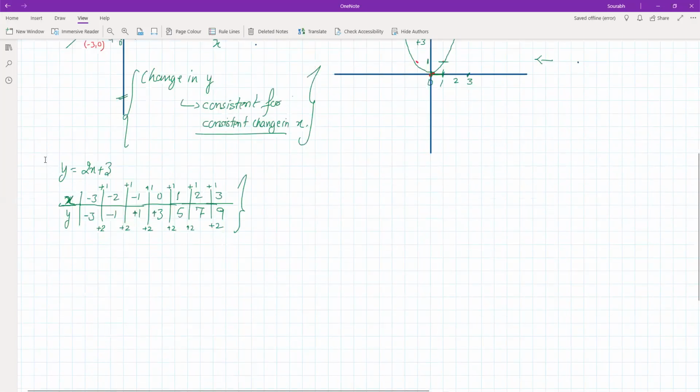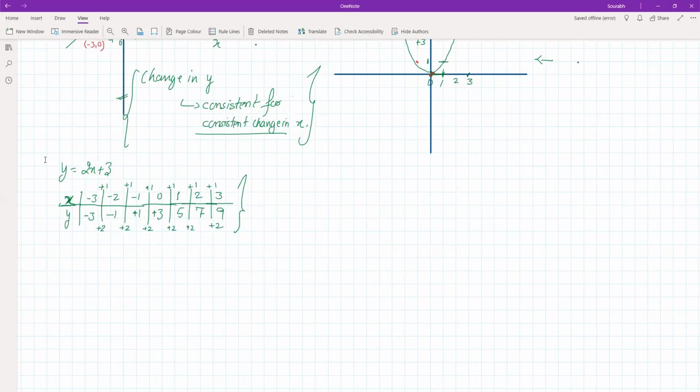But here what we have seen is equal change in x produces equal change in y. Such changes are called uniform change. So things are changing uniformly. Y is changing uniformly with x.